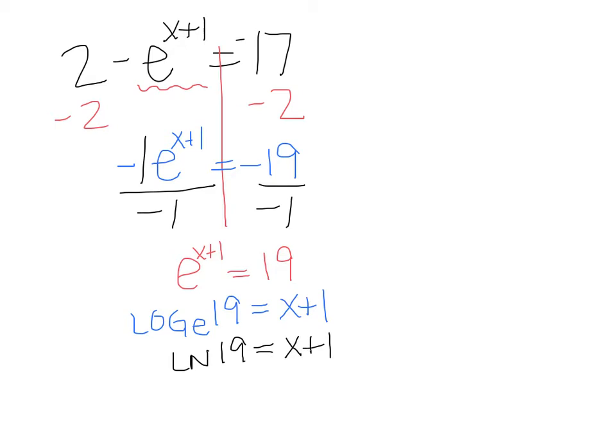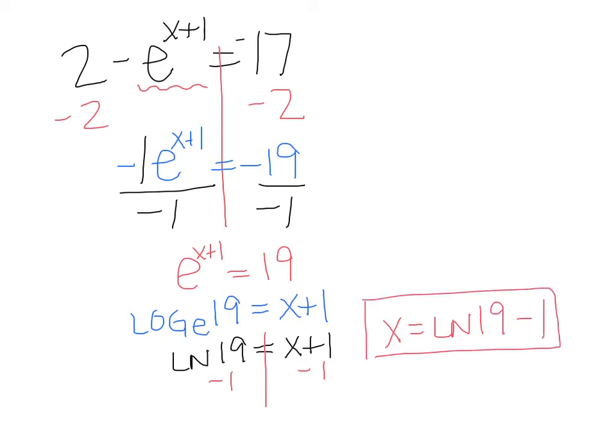We finally finish up by getting x by itself. So we can say that x equals the natural log of 19 minus 1. And this is the exact answer again. We can find the decimal approximation by using our calculator and finding the ln, natural log of 19, and then subtracting 1.